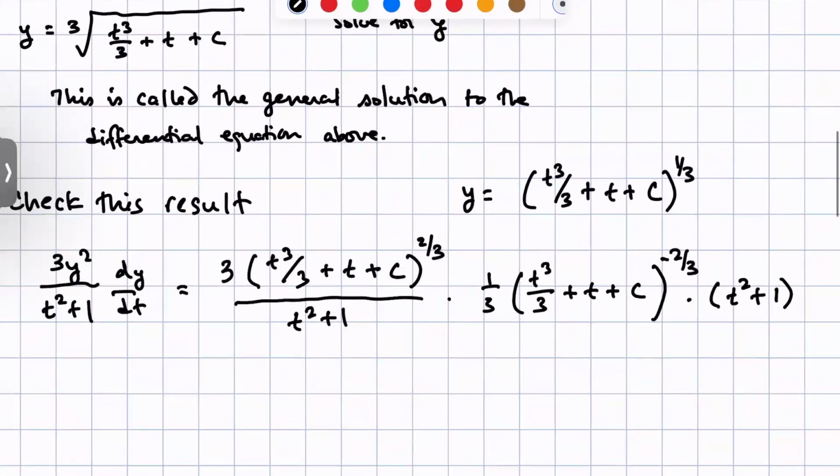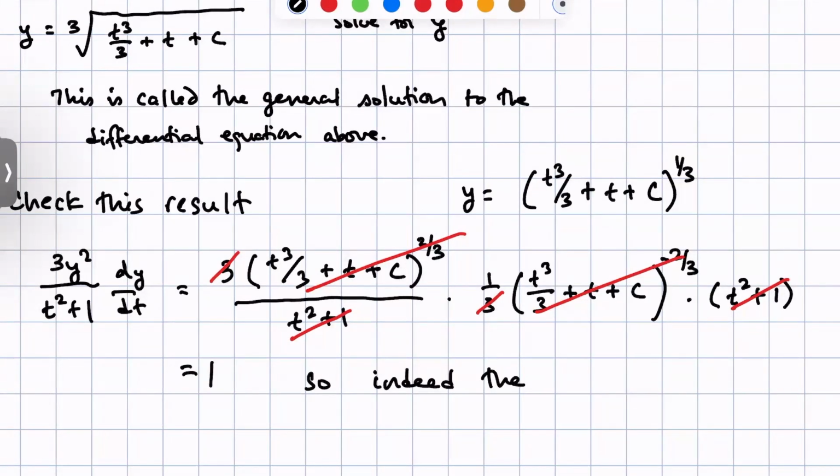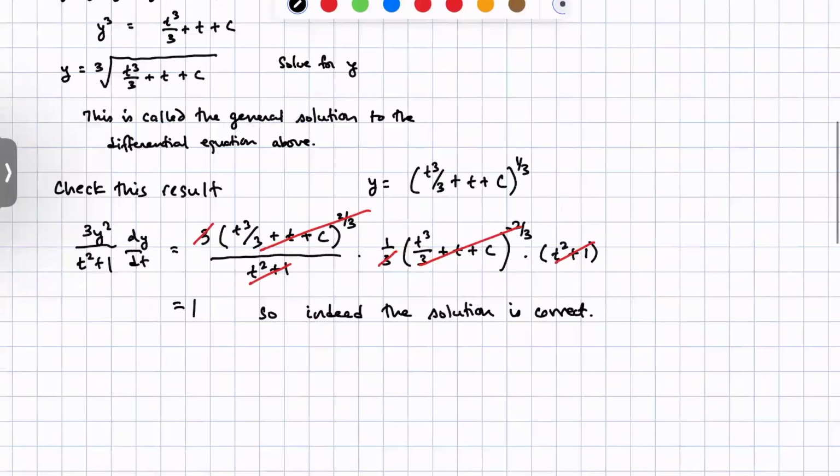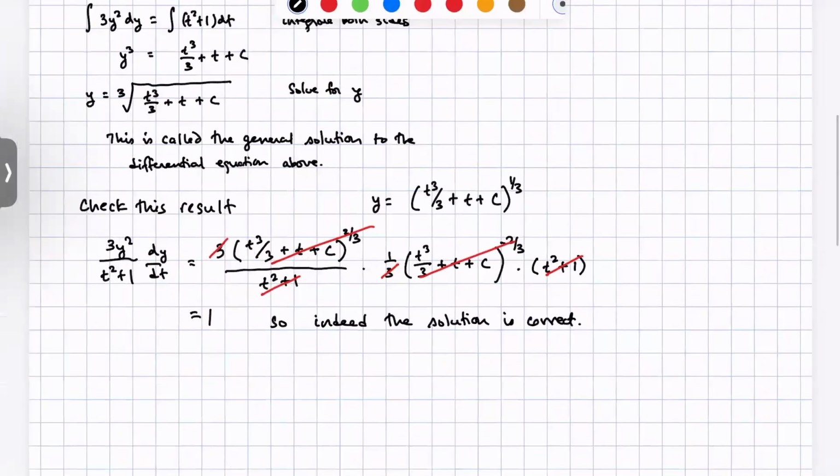And you notice how this cancels with that, this cancels with this, and then that cancels with that, leaving you with 1. So indeed, the solution is correct. And that is the general solution for that differential equation.